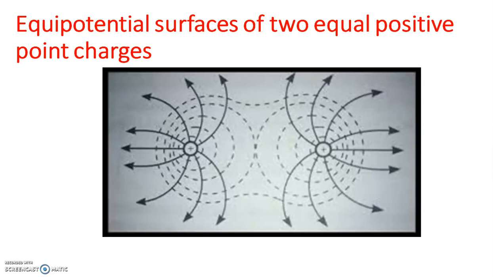So what does it show? The strength of the electric field is less in that region, which means there is repulsion. And at the left side of one positive charge and right side of another positive charge, you can see that they are closer. Their electric field strength is more in comparison to the place between the charges.